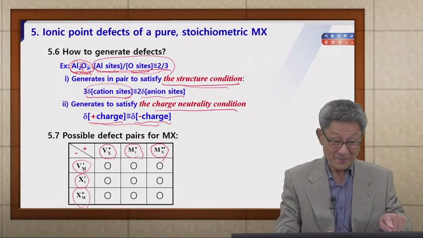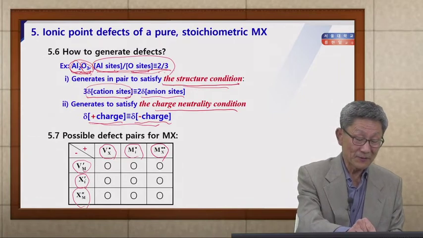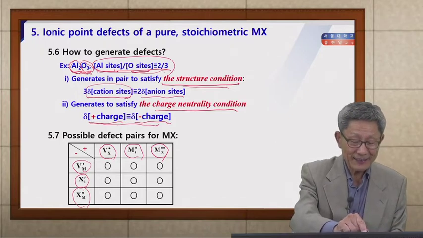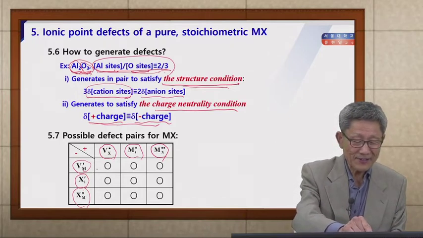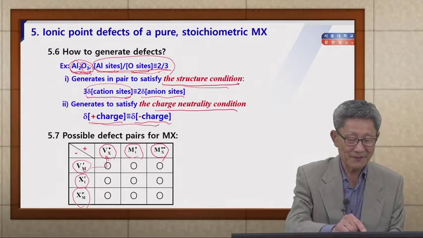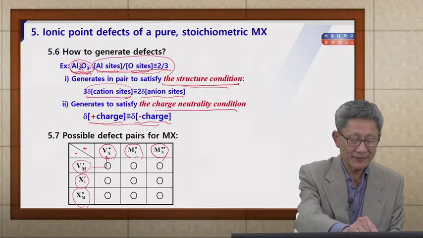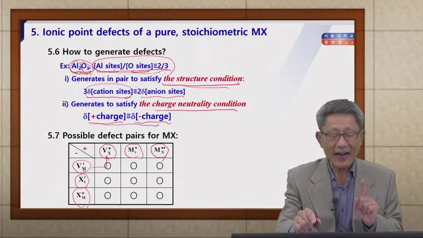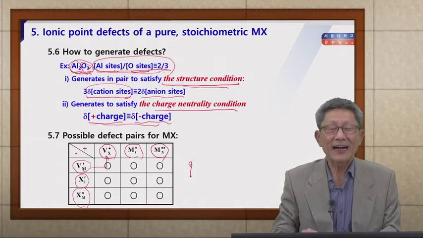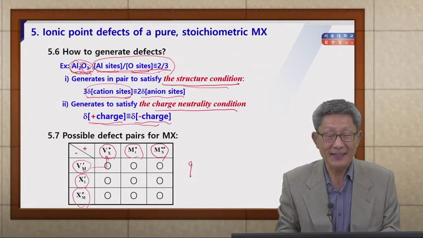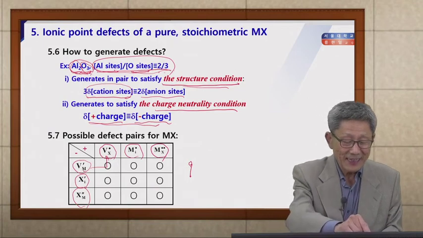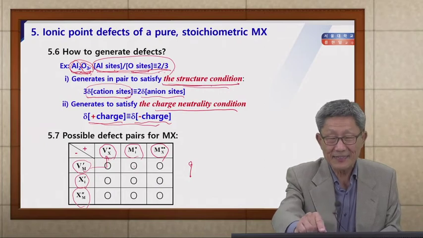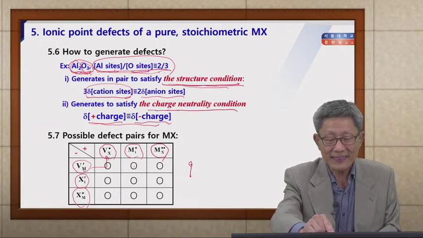Again, be careful with respect to the number of primes. Now it's quite obvious to imagine that this pair is possible because one has the positive charge and the other one is negative charge. So all these pairs are possible. So ideally, 9 kinds of the defect pairs are possible. Namely, these defect pairs can be generated simultaneously satisfying the structure condition as well as the charge neutrality condition.